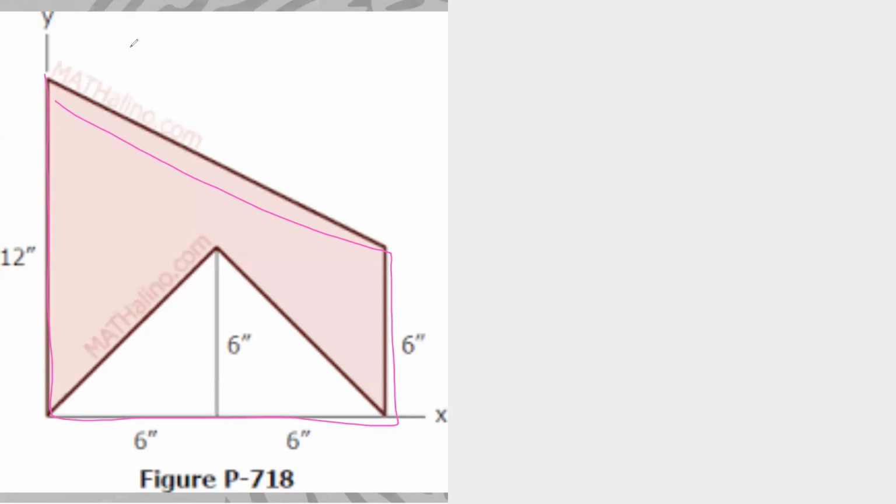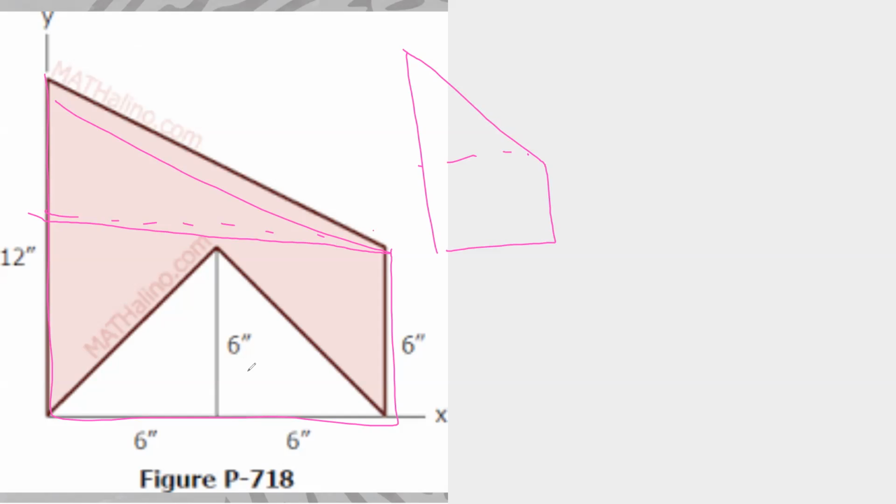So what I'm going to do is break this in half. So I have a shape that ultimately looks like this. It's really a triangle and a rectangle. We'll worry about this part in a second to subtract that.